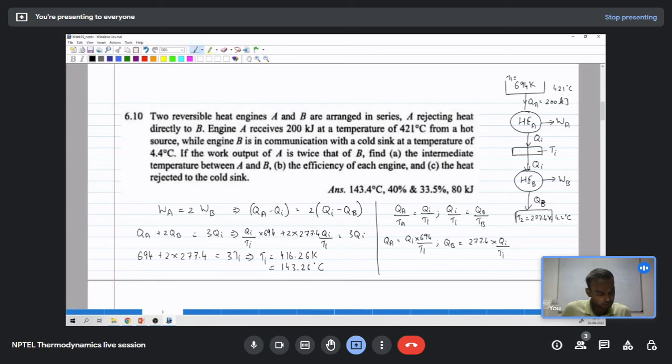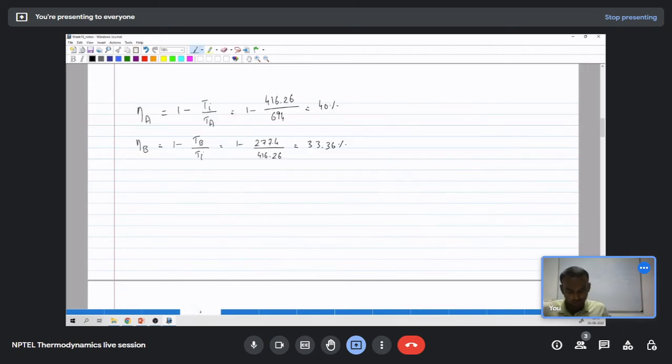So to calculate this, we can make use of this expression. We had QA by TA is equal to QI by TI for the first heat engine, and for heat engine B we had QI by TI is equal to QB by TB. So combining these two expressions, we will have QA by TA is equal to QB by TB, which implies QB is equal to TB by TA into QA.